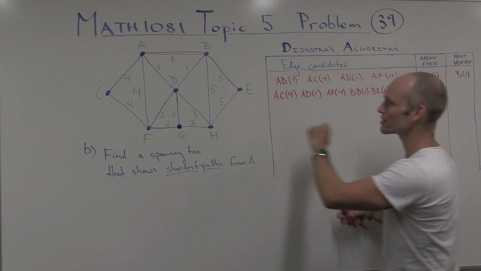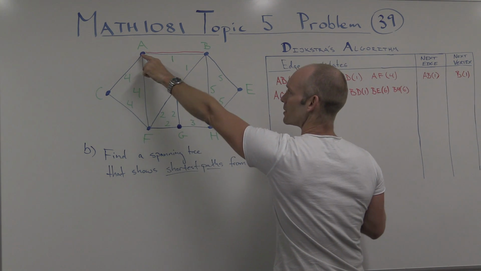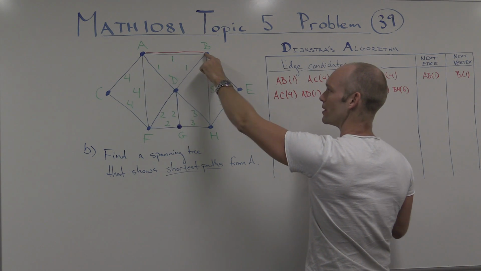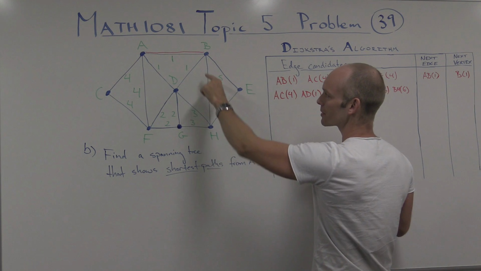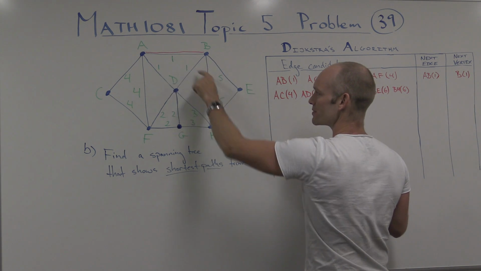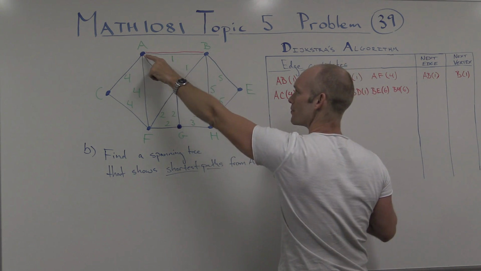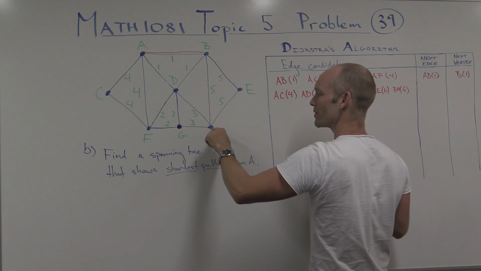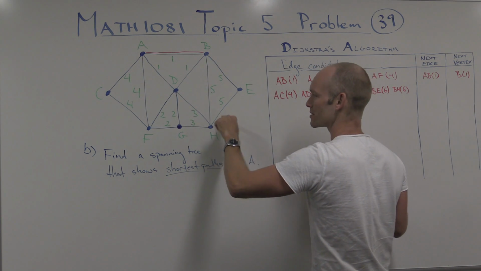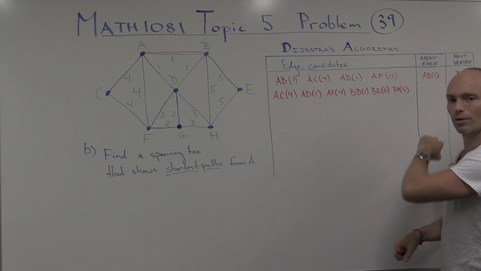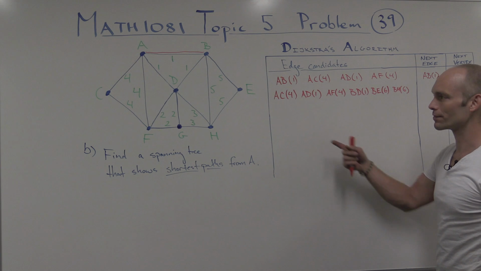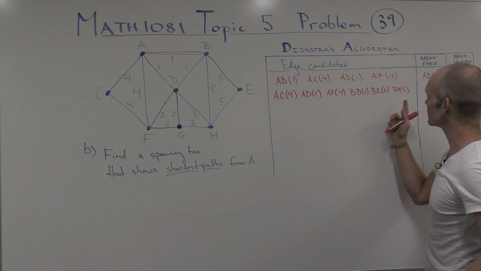That 6 means that if we start from A and go along this red path, and now if we added BH, for instance, then we're adding 1 plus 5. This would give us a path from A to B to H, ending in H, of length 6. So here, for instance, BH, we write 6 there to signify that path length.